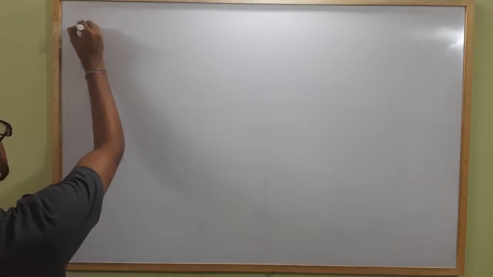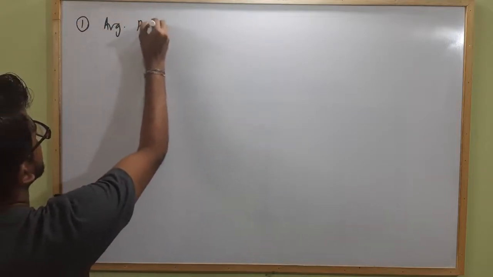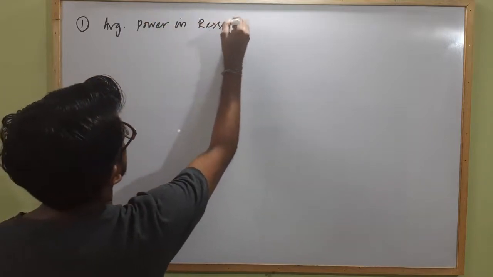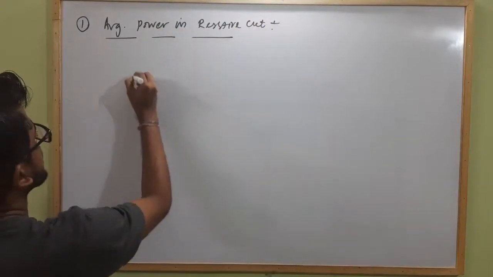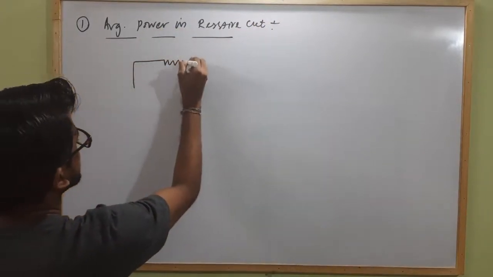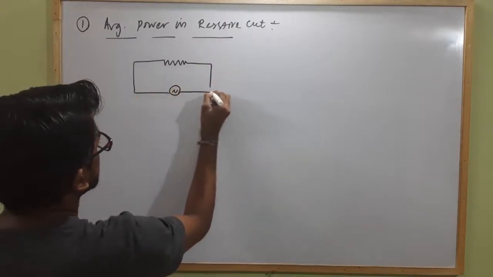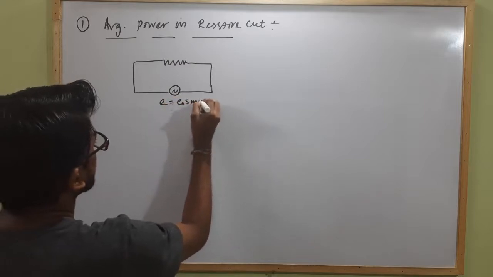So first of all we are going to discuss average power in a resistive circuit. Resistive circuit means there is a resistance R connected across an alternating source, where at any instant E equals E naught sin omega t is the source.